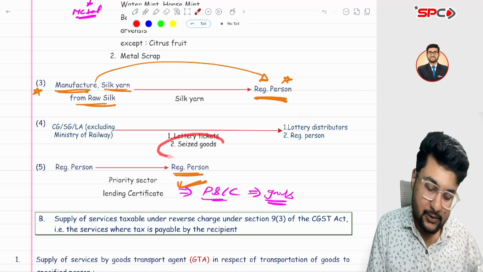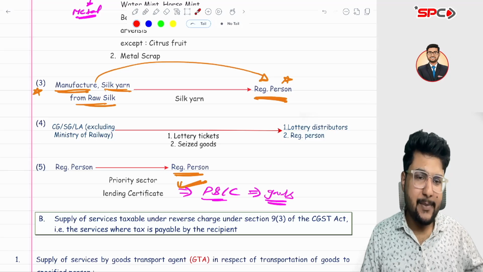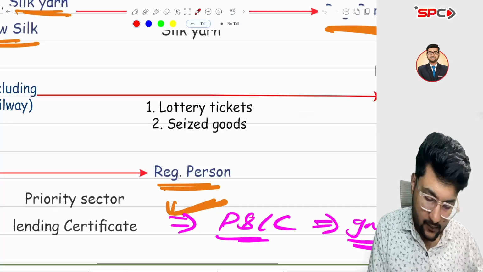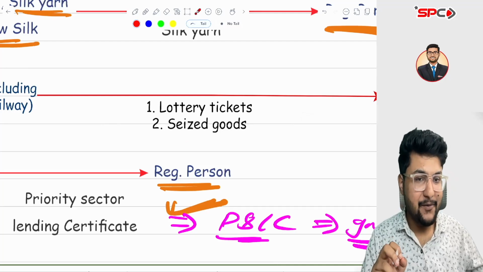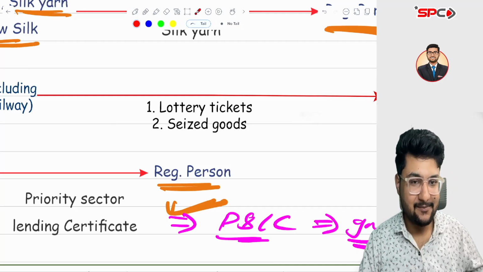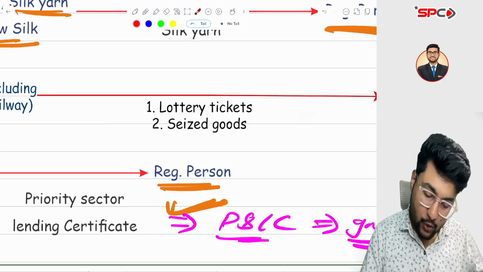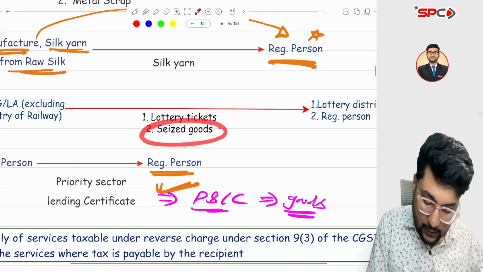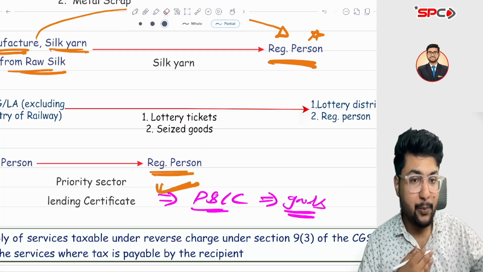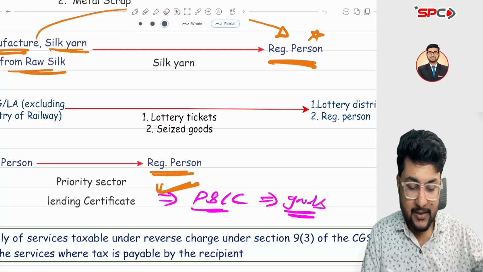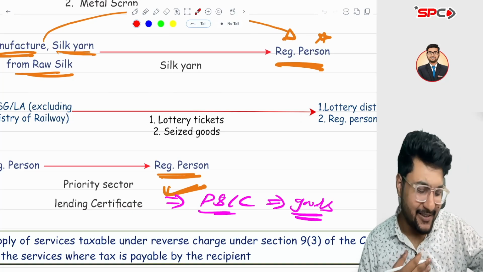Another is seized goods. A few days back, my personal vehicle got seized because I don't have the document, I don't have the license. The government seized my vehicle, and since I don't have money to pay the challan, they auctioned my personal vehicle.